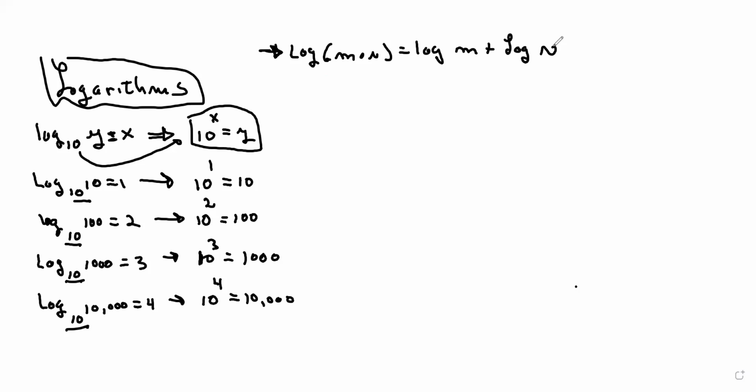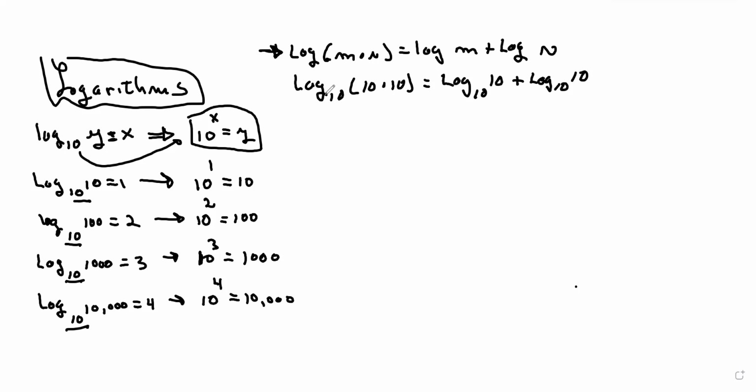And let me put it in the other notation to keep the same notation. Right there you go. So let's do an example. So we got the logarithm base 10 of 10 times 10, and that has to be equal to the logarithm base 10 of 10 plus the logarithm base 10 of 10.